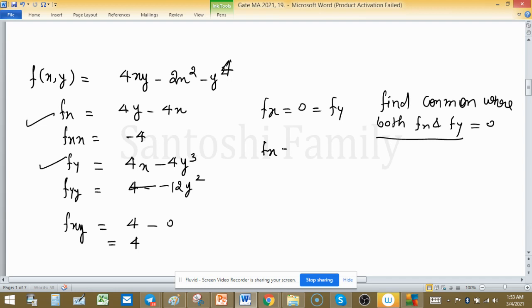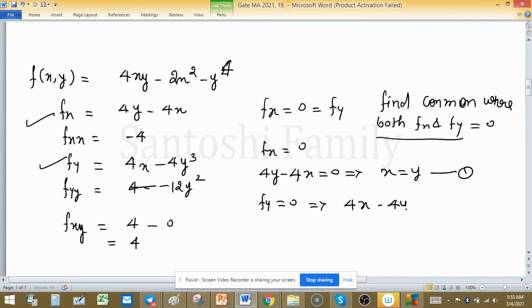So fx equal to 0 implies 4y minus 4x is 0, which implies x equal to y. Put fy as 0: this implies 4x minus 4y cube is 0. Because we need a common solution, use the first as a substitution.